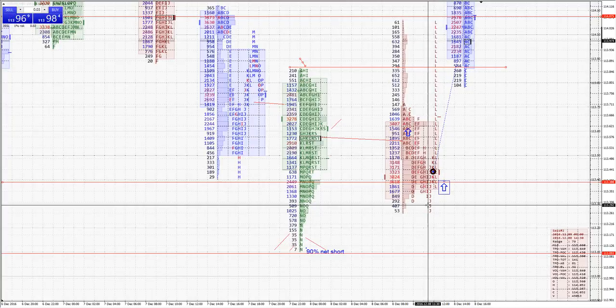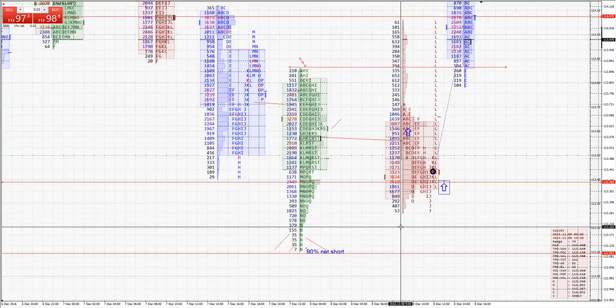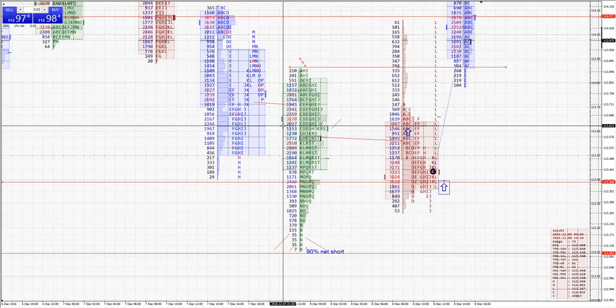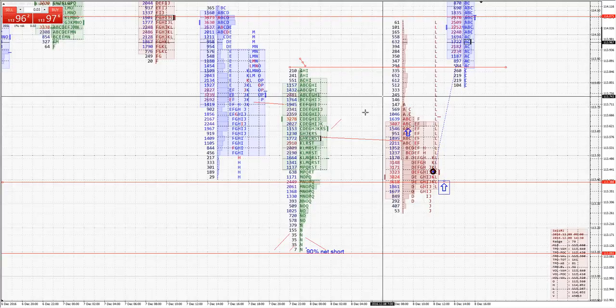What else do we have? Understanding that the overnight session is usually traded by retail traders, retail stocks, so weak holders, meaning that all of those net short sellers who were 90% short need to cover their short with buying. This is the key point. If they don't want to lose money, they need to cover.